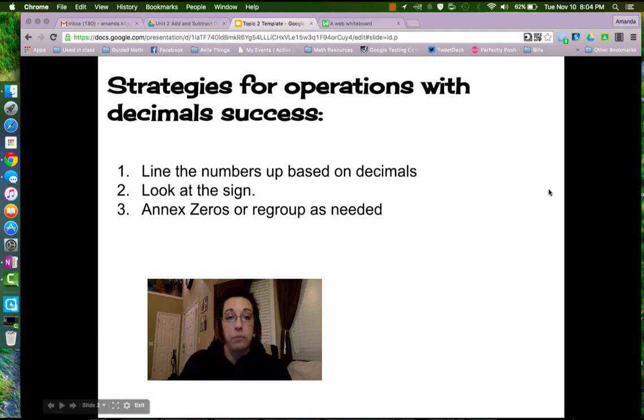Okay, so in our first problem, we're going to take 15 and subtract 2 and 31 hundredths. So let's write that down. I want you to go ahead and try the work and then come back and check it with mine.